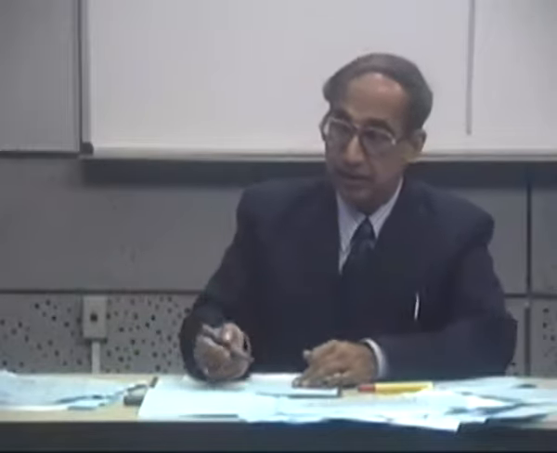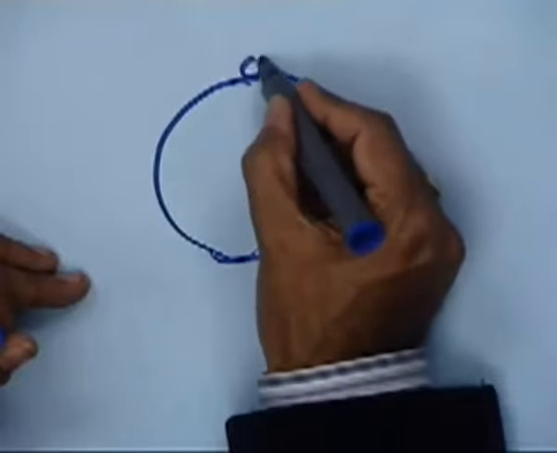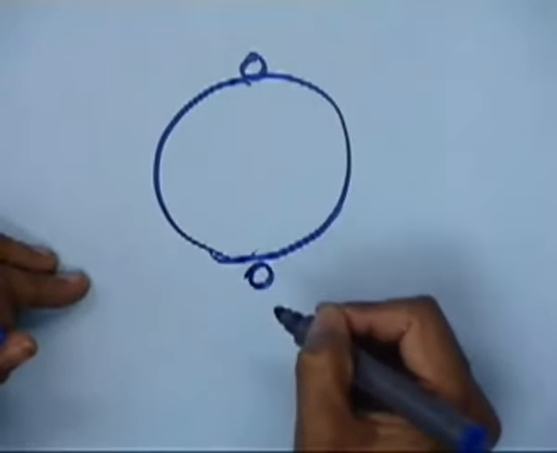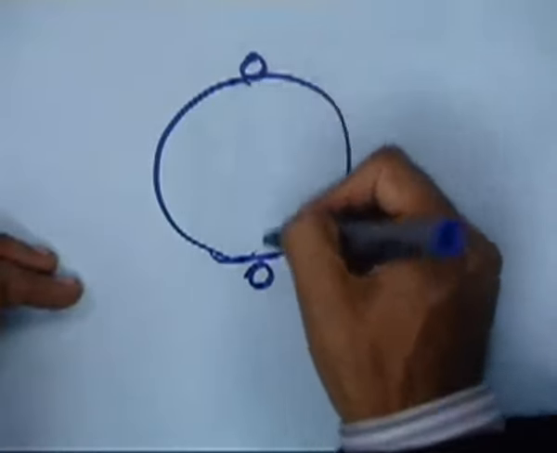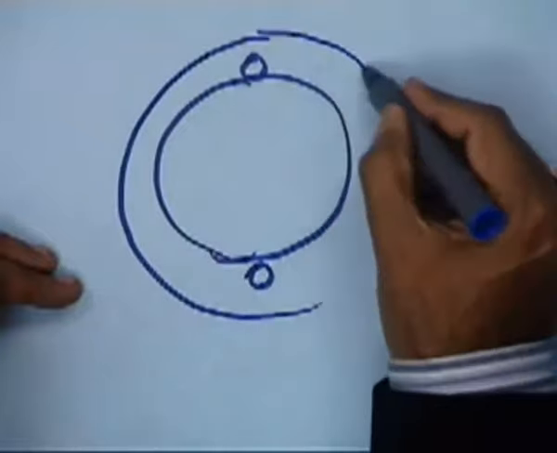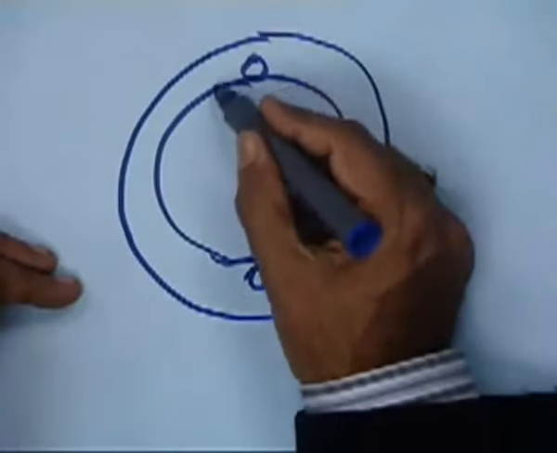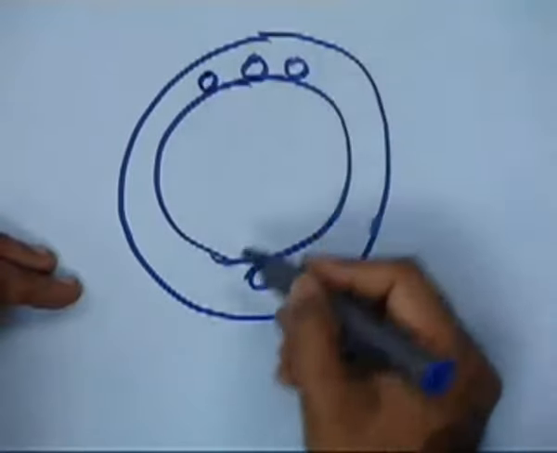Earlier we had just one. Now instead of, let us say, 300 turns in one coil, I distribute it into, let us say, 3 neighboring slots.